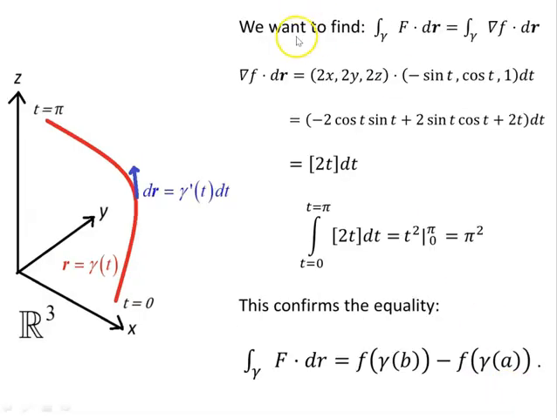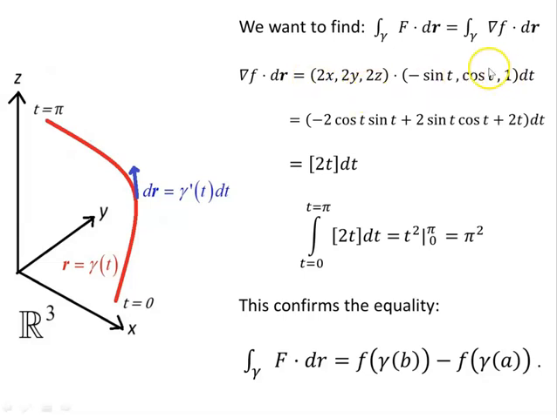Next slide over. We want to find the integral of F dot dr along gamma, which is the integral of del f dot dr along gamma. So del f dot dr is the gradient vector dotted with the dr vector, and dr, tangent to the curve at each point, is gamma dash of t dt, for all points t along here.